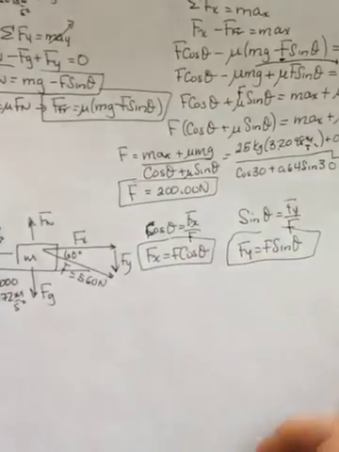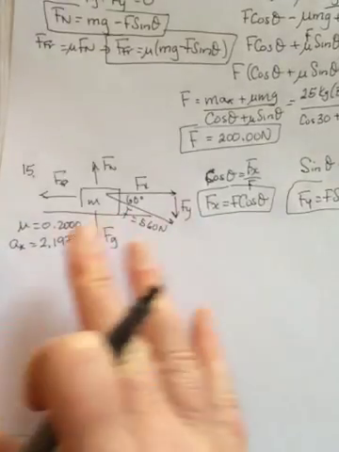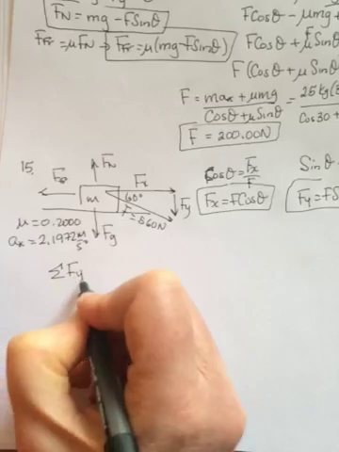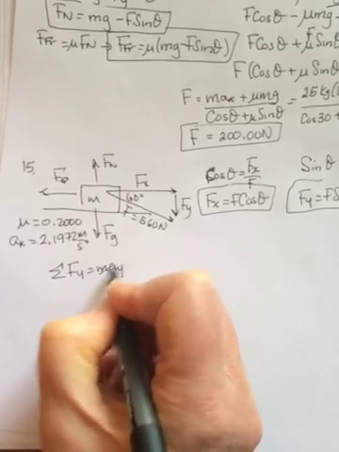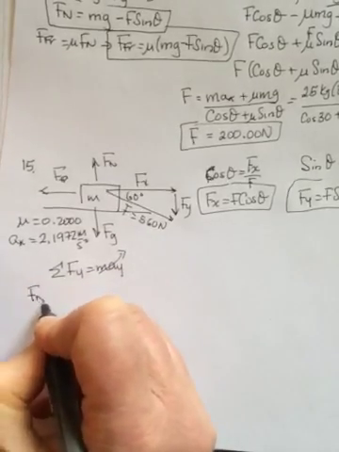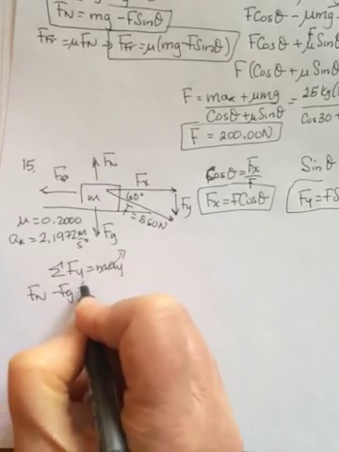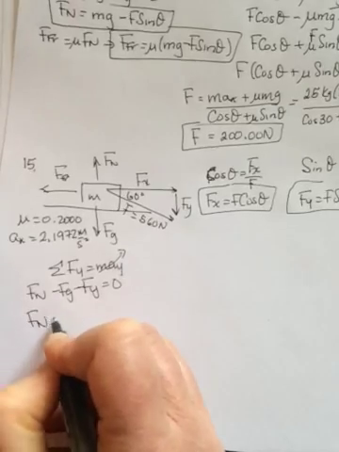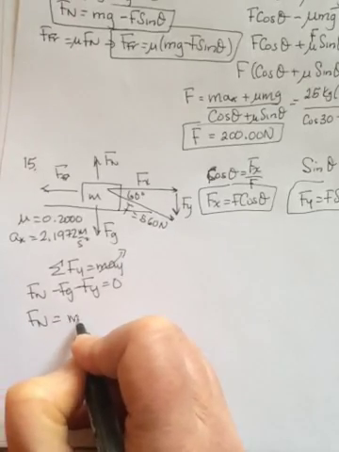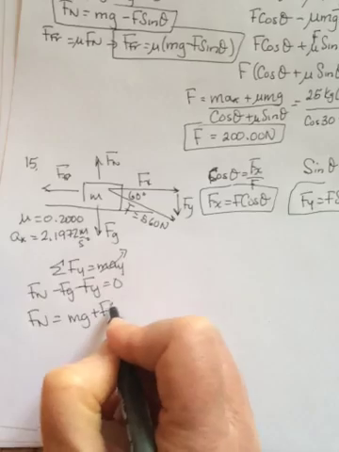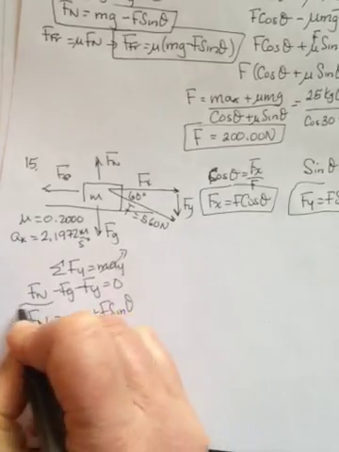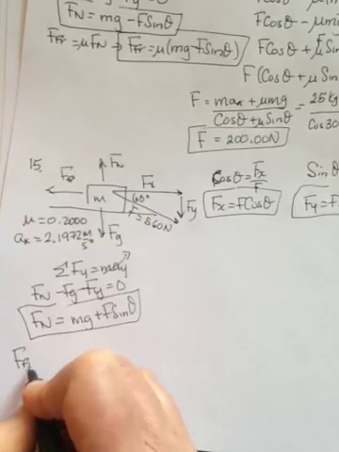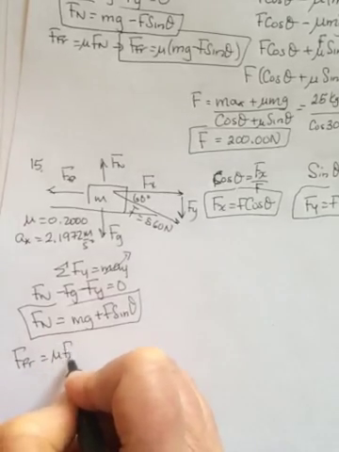Okay? And then once you have that, now you are going to do the sum of the forces in the y, just like we always do. It goes to 0. It'll be Fn minus Fg, and this time minus Fy equals 0. And so when you take them over, it should become mg plus F sine theta. Can't get a value here because you don't know the m, but you could get friction, which of course is equal to mu Fn.